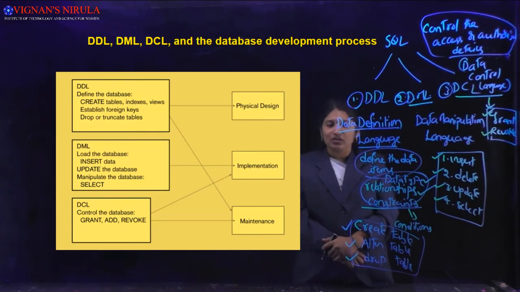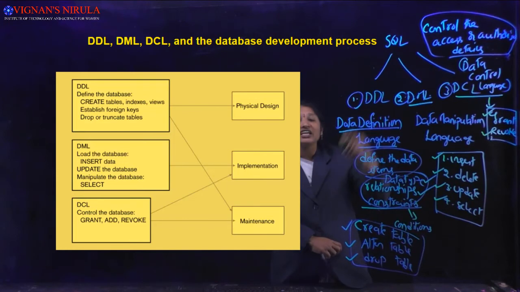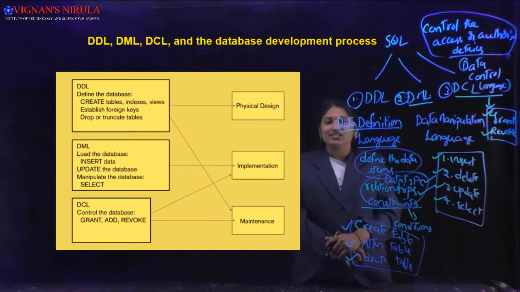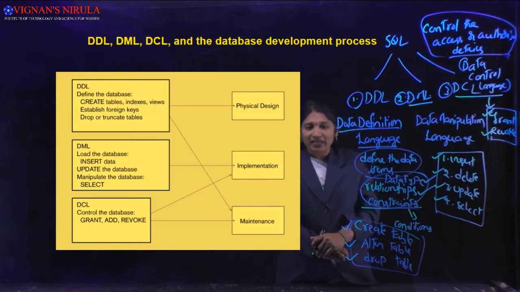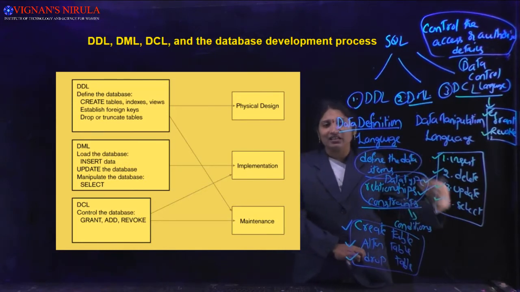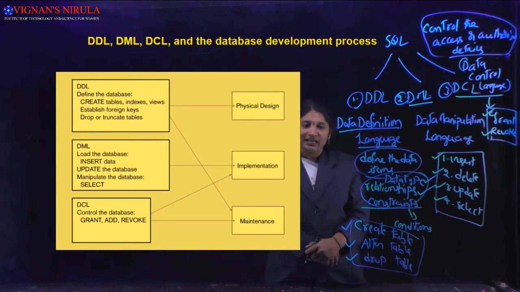So as you have already learned, the three categories of SQL commands are DDL, which stands for data definition language. Under that category, we have create table, alter table and drop table commands. The second category is DML, which can be used to manipulate the data, and under it we have insert command, delete command, update command and select command.